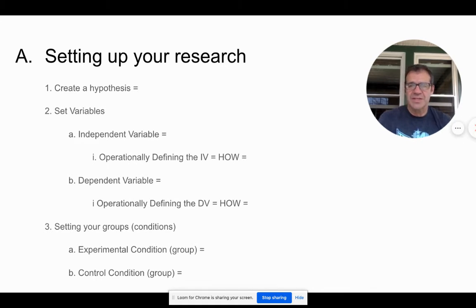Creating a hypothesis for our purposes, I'm sure you've heard of hypotheses before, is making a prediction using an if-then statement. Underline the words if-then. Now, hypotheses don't have to have if-then statements, but I have found that when students use if and then, it not only helps them to make an actual prediction, but it also helps them with the variables. That's why we do it this way.